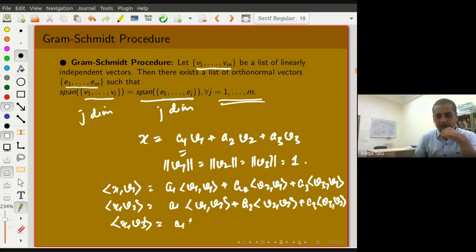V3 is A1 times V1 inner product V3, plus A2 times V2 inner product V3, plus A3 times V3 inner product V3.